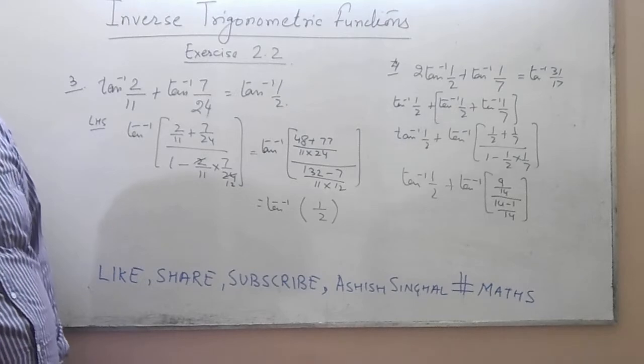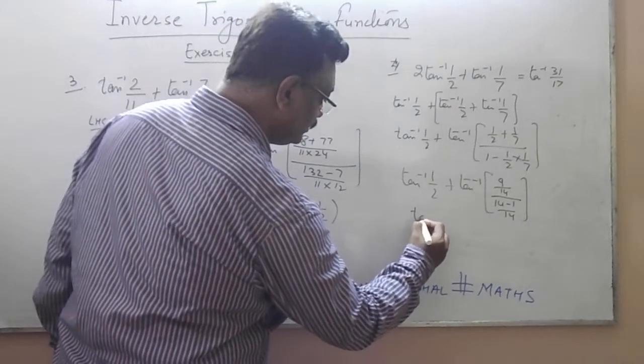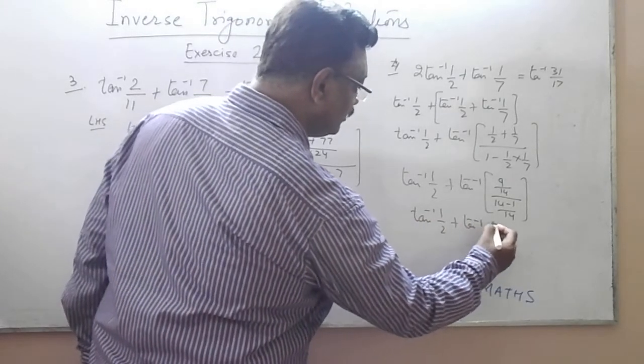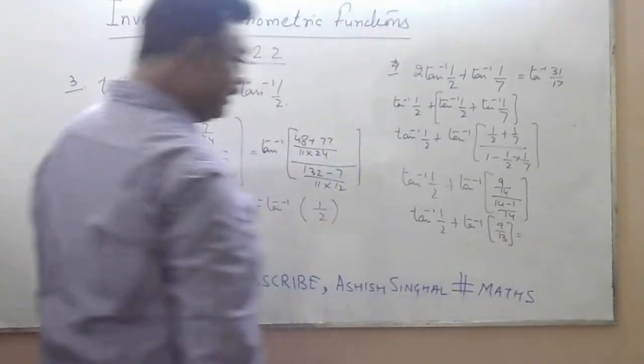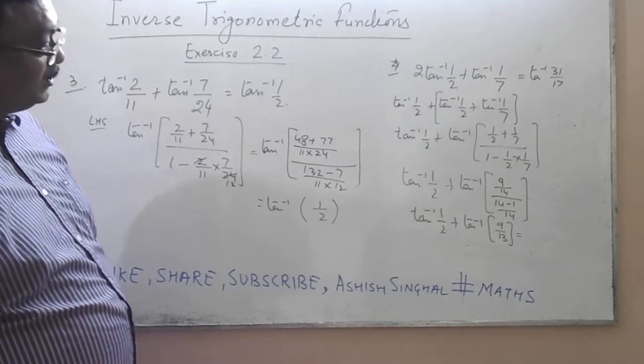Simplifying it further, we get tan inverse half plus tan inverse 9 by 13. Again we need to apply the identity in this function.